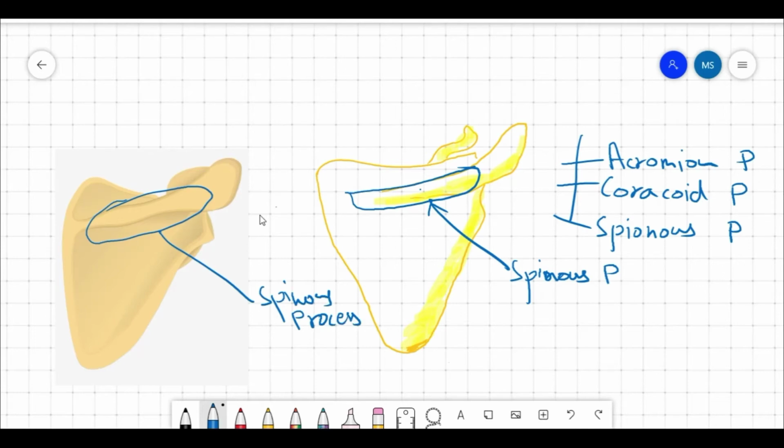This part, in continuation to the spinous process, extends out from the scapula laterally and forms a bigger part, the acromion process. The other process, which is at the anterior side but which you can see from the posterior side also, is the coracoid process.